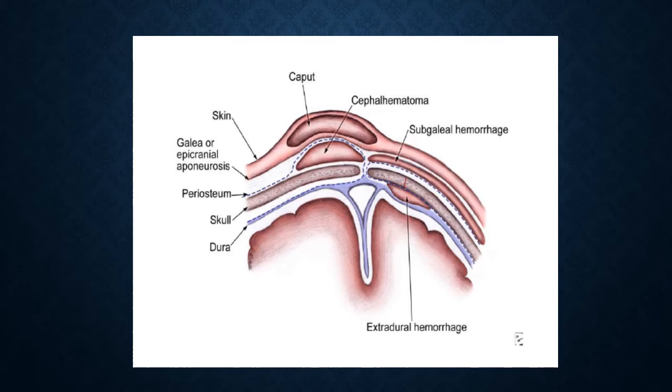Notice that the periosteum is attached to the ends of bones, while the galeal or epicranial aponeurosis is a very confluent and very communicating space overlying the skull that can accommodate large amounts of fluids, and then very little amount of subcutaneous tissue with the skin overlying.